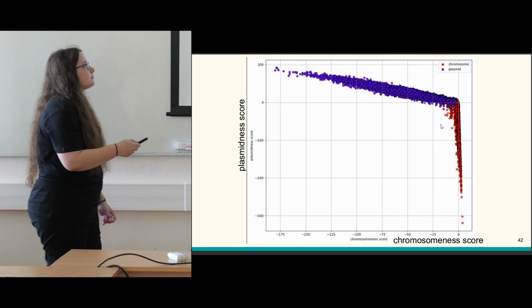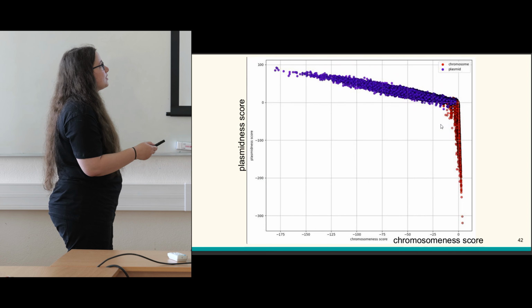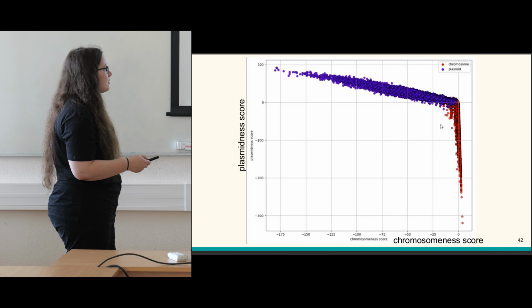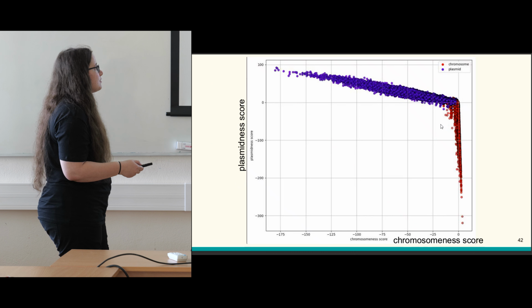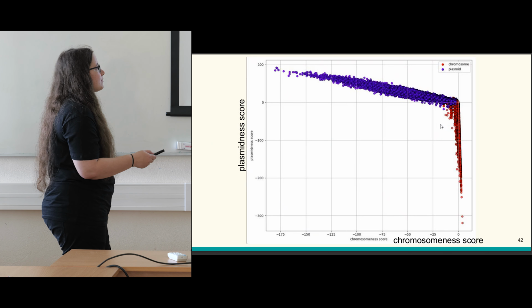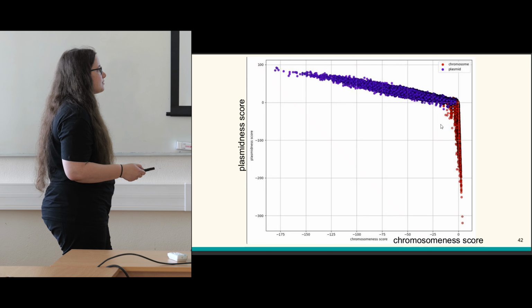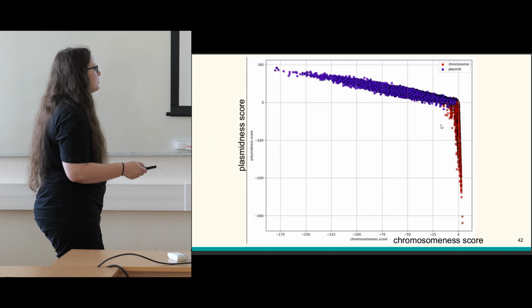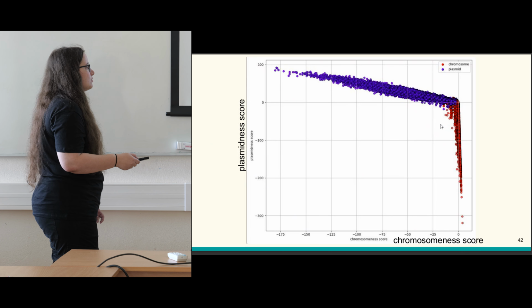And if you look at the homology features, which is something I started working on, we can see that on this plot, there is on the x-axis something we call chromosome score, which we get from alignments to some known sequences.